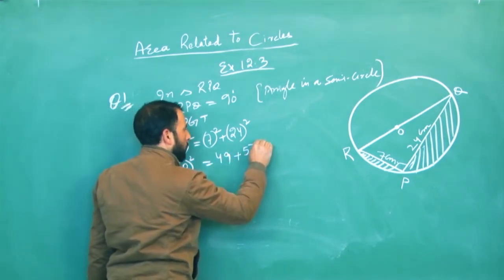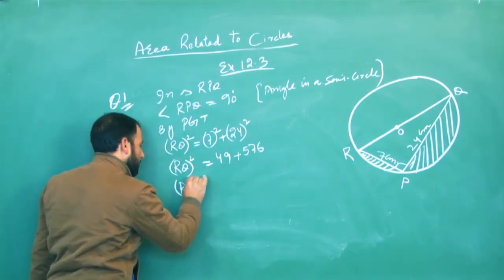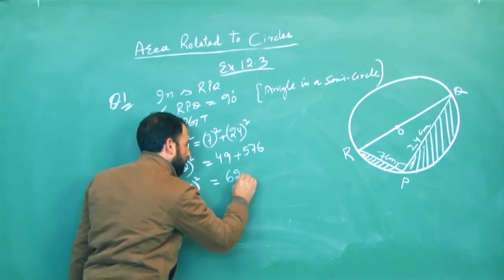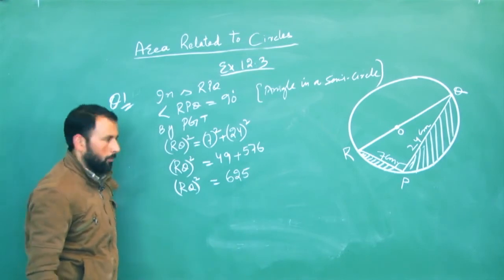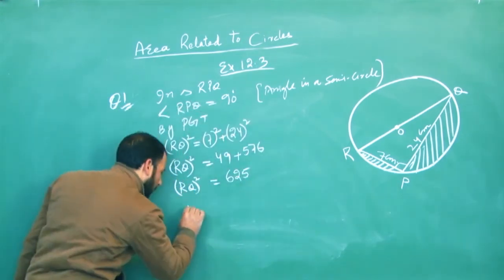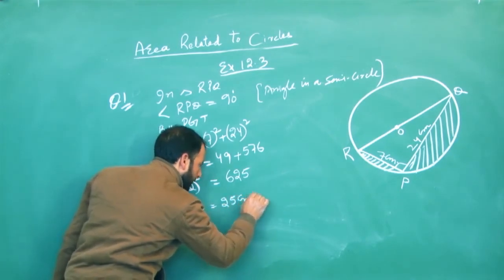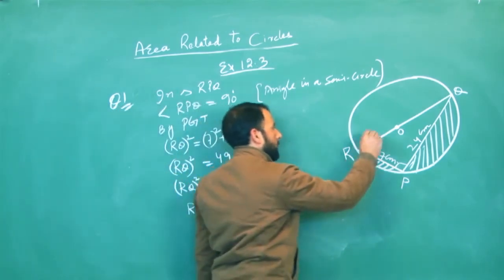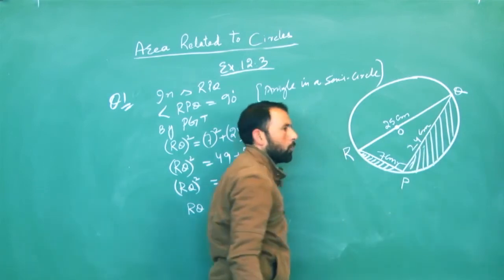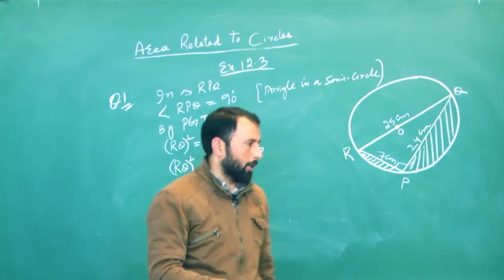When you add you get 625. 625 is the square of 25. We can write RQ is equal to 25 centimeter. So this one is 25 centimeter. Clearly RQ is the hypotenuse of the triangle as well as the diameter of the circle.